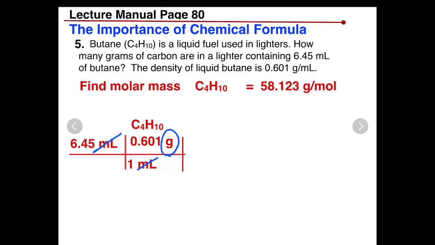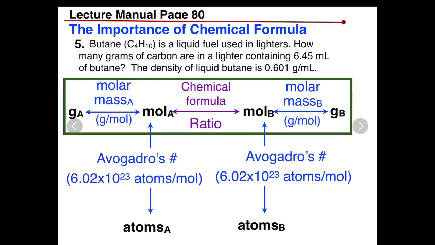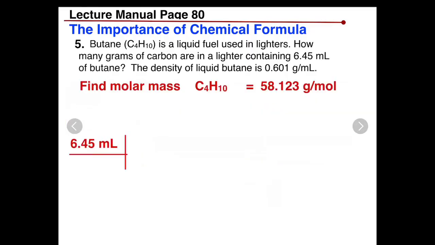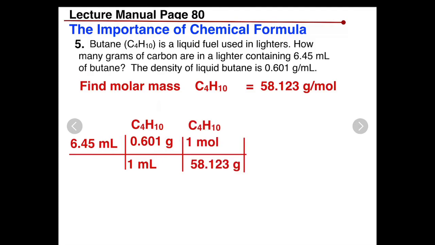That's exactly what we want, because if you're looking at the map here, we want grams of butane in order to find out mole, and using the mole to mole ratio to find out grams later. Okay, so the next thing we are going to do, since we have grams of butane already, is go through the mole, right? So you are going to convert from grams of butane to mole of butane by using its molar mass.